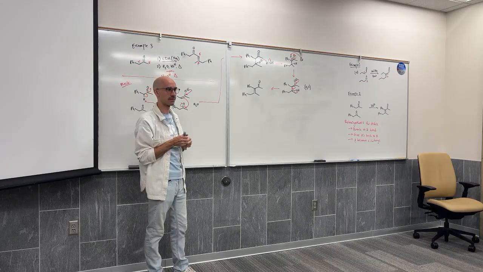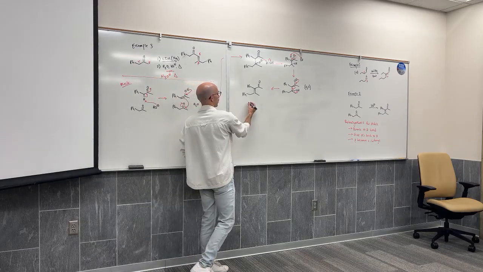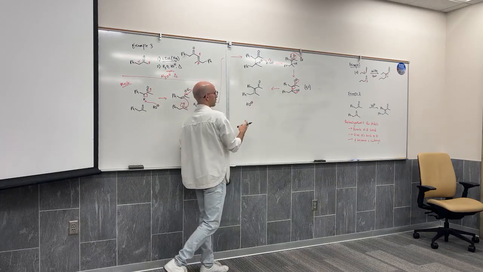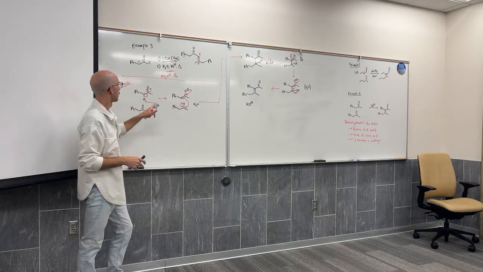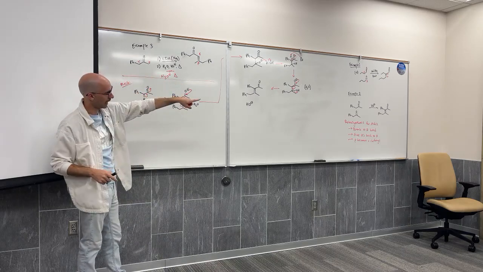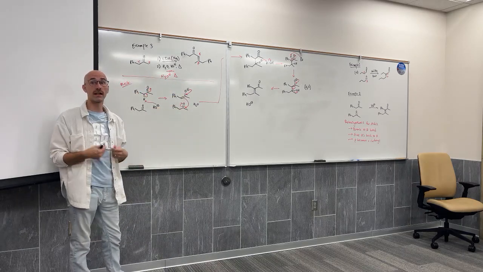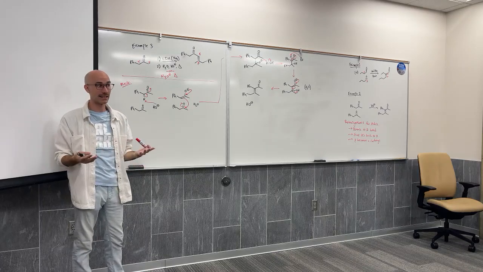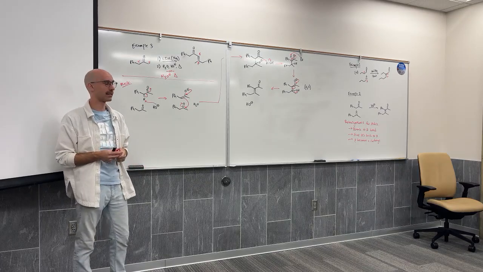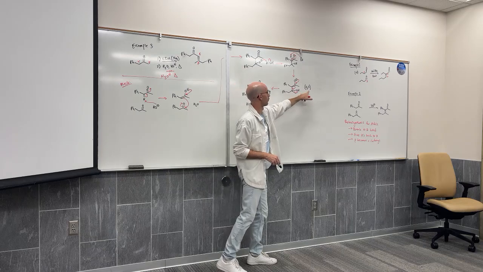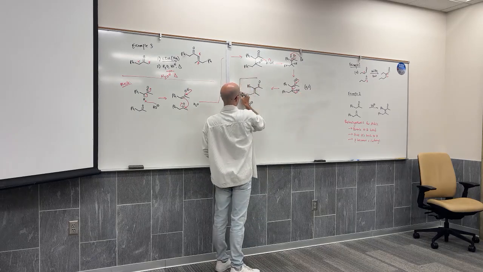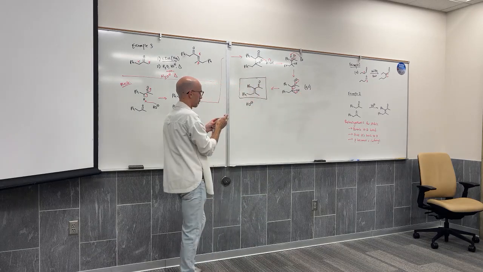Can you tell me what it is? Hydroxide. And hydroxide was what exactly? That was my catalyst. So hydroxide has regenerated. My catalyst is truly a catalyst. And here, a molecule of water is produced by the reaction, condensed out of the structure.